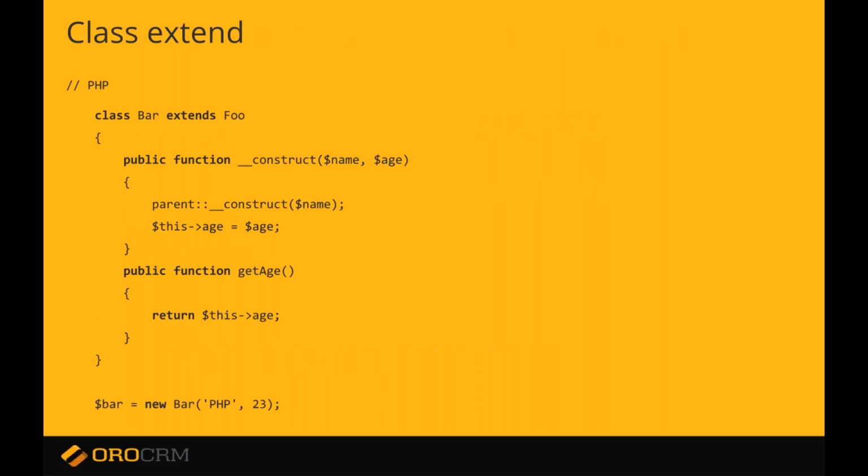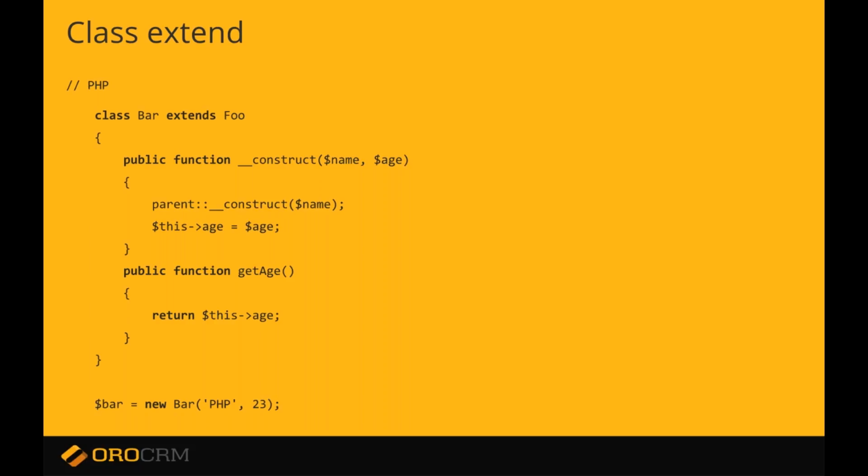Let's extend our class with our custom class. We have created class foo, and now we want to create a new class bar, which will inherit functionality from foo and extend it with new additional functionality. In the constructor, we will now pass two arguments, name and age. For name we will reuse the same functionality from foo, and for age we will provide new functionality.